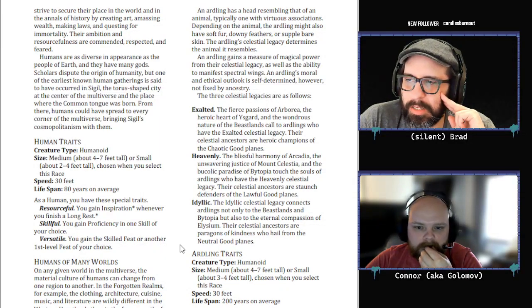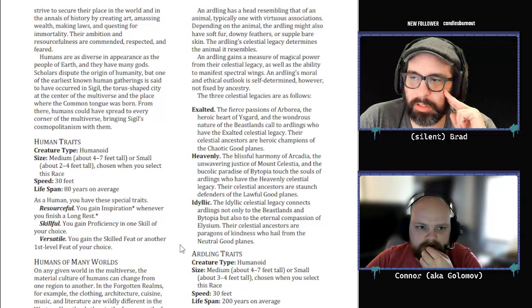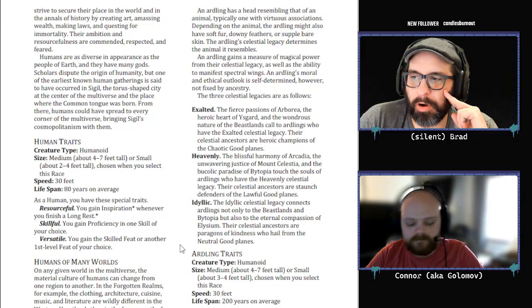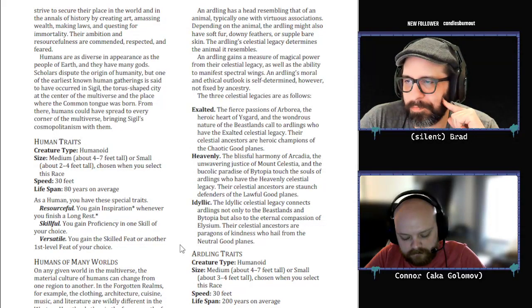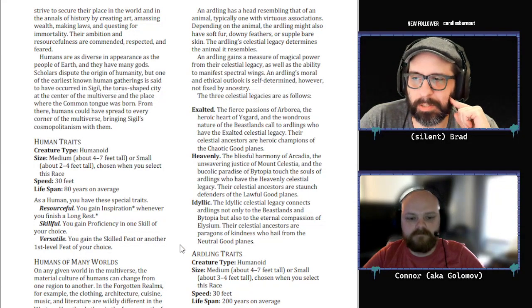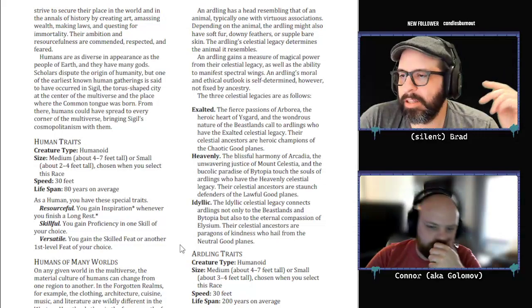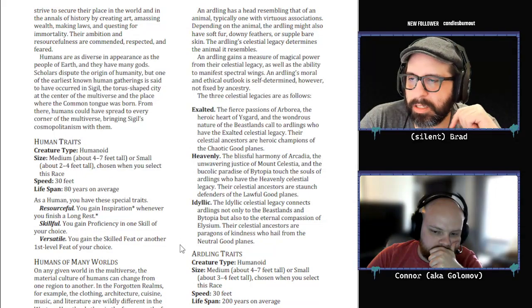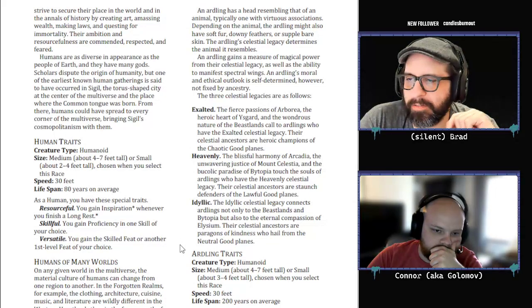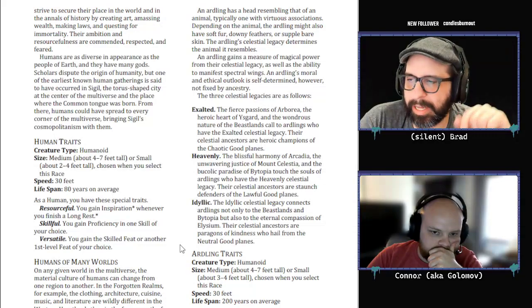And then we get into the celestial legacies here. There's the Exalted: Fierce Passions of Arborea, Heroic Heart of Ysgard, and the Wondrous Nature of the Beastlands call to Ardlings who have the Exalted Celestial Legacy. Celestial ancestors are heroic champions of chaotic good planes. There's Heavenly: Blissful Harmony of Arcadia, the Unwavering Justice of Mount Celestia, and the Bucolic Paradise of Bitopia touch the souls of Ardlings who have the Heavenly Celestial Legacy.